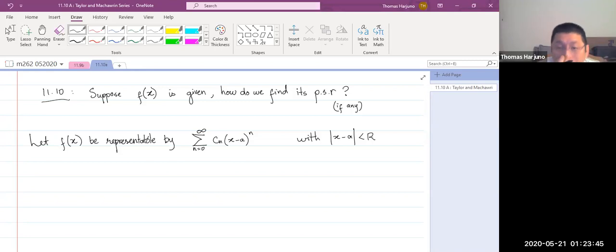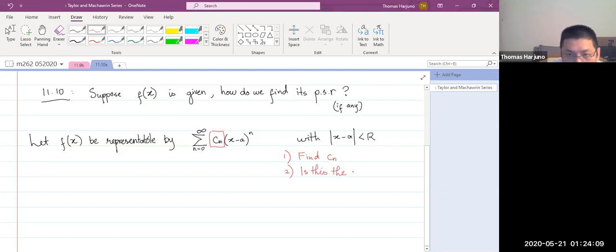There are two questions we need to answer. First, we need to find the coefficients c_n. Second, is this the power series representation? We assume it first, but with that assumption, we need to check later on if this is a good representation.